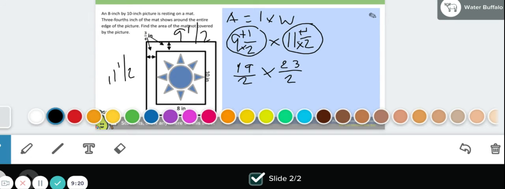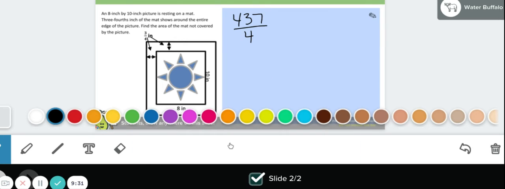Now we're going to multiply across, and we get 437 over 4. Now this 437 over 4 represents the area of the larger mat. However, we're not going to leave it in that format.